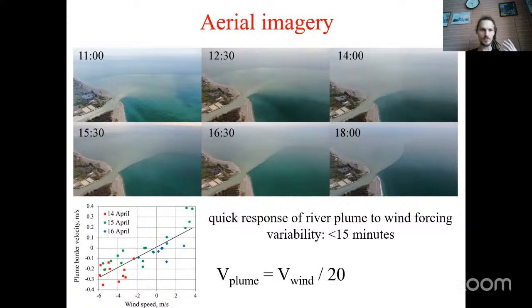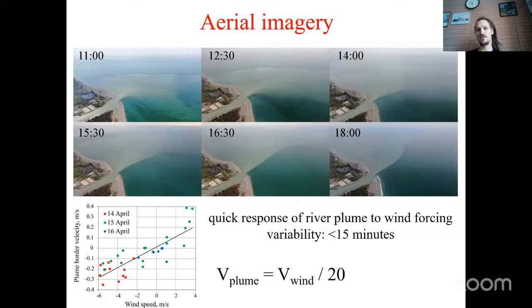For example, you can see a series of images, and at the top left image, you can see that river plume is spreading to the right from the river estuary, and then it changes its direction.